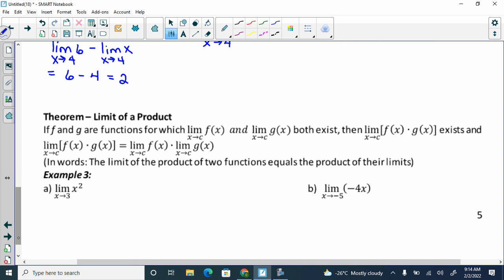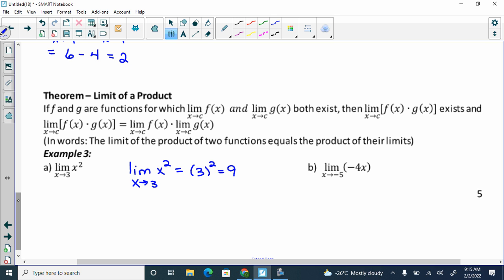A product. So, if I plug the 3 in right away, would it work? Yes. So I could write the limit as x approaches 3 of x squared, and then I can plug it in. When I plug it in, the limit drops off, so I get 3 squared, which is 9. Why does it work? Because we can use the property of products, and when you have two things multiplied, you can separate them.